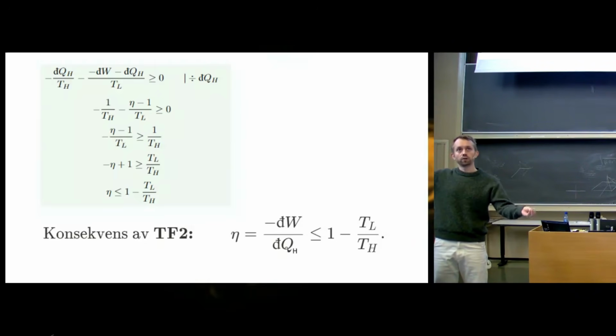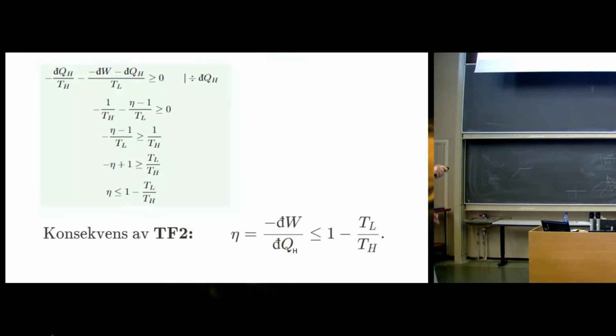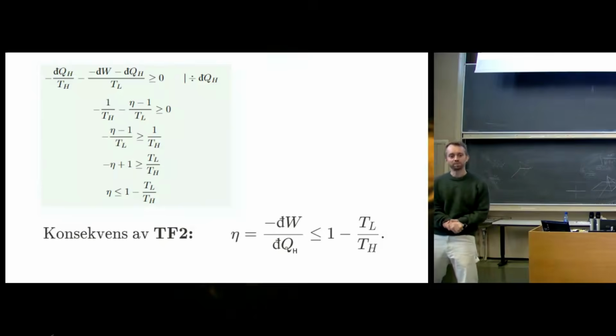The colder the reservoir, the higher the efficiency can be. And to relate this back to your question about the zero temperature thing, if you imagine you had a reservoir which was 0 temperature, you could get the dream engine that I was talking about previously, because then the efficiency could go to 100%.